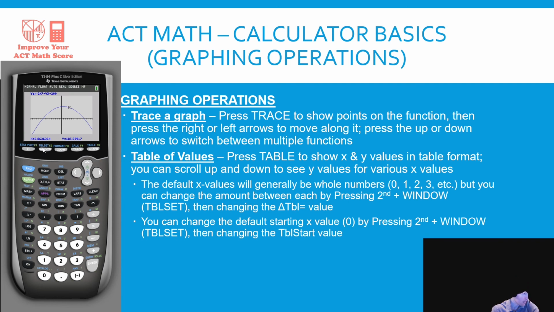Also, if you go back to that window function here, if we go down to, let's say, the trace step, and I clear this out, and let's say I just make this 0.5.